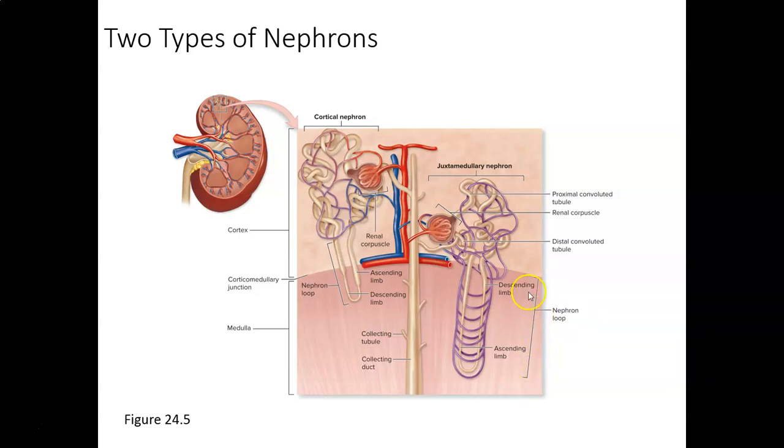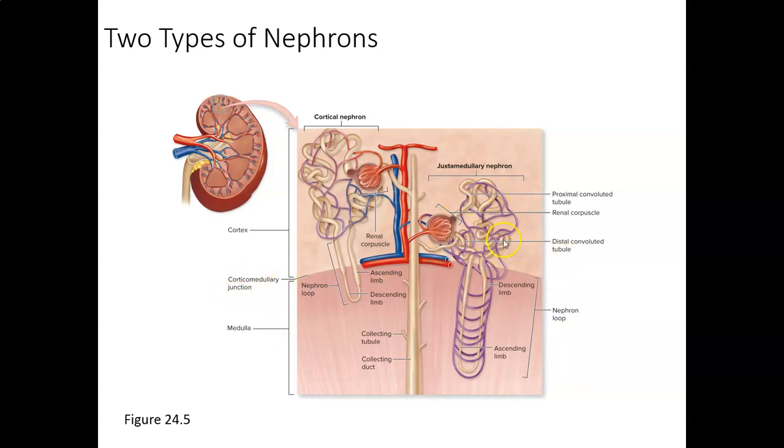The other parts are right next to the juncture of the cortex and the medulla. That juncture is called the cortical medullary junction, right?